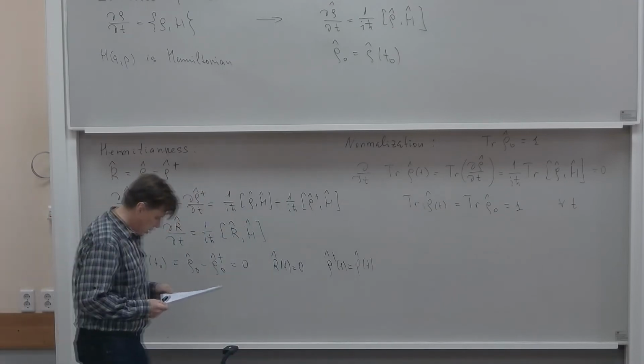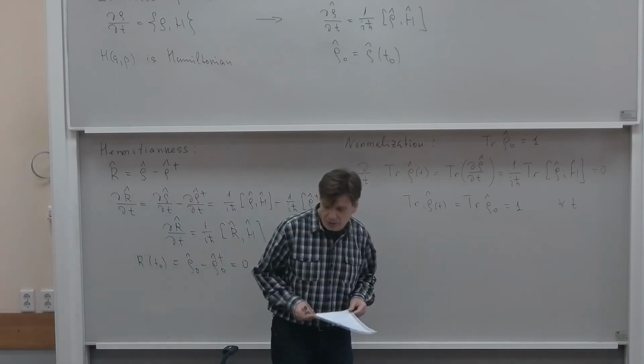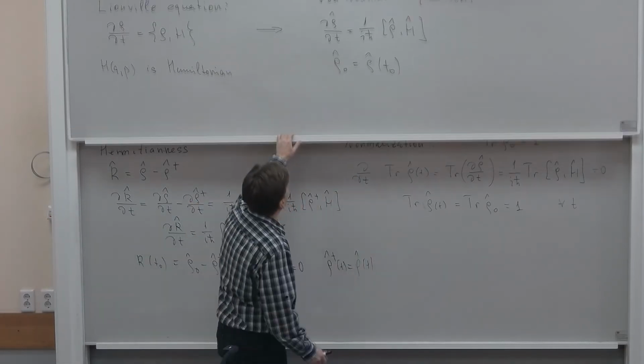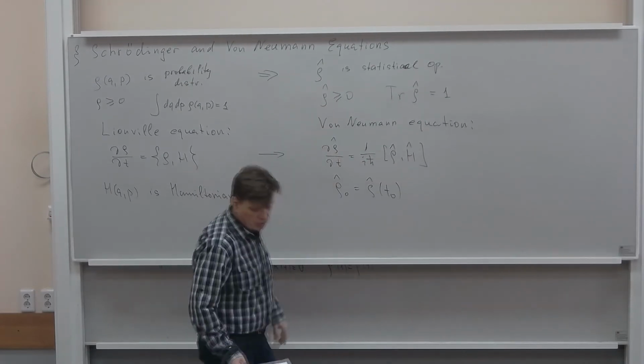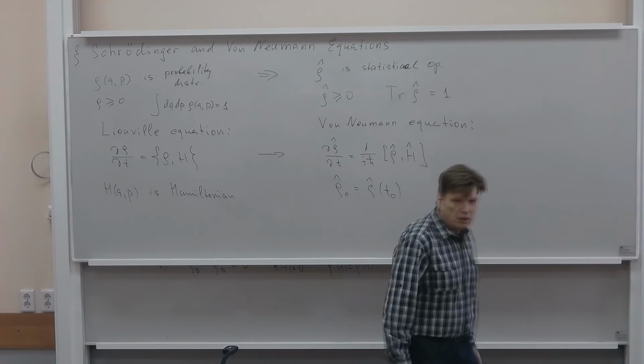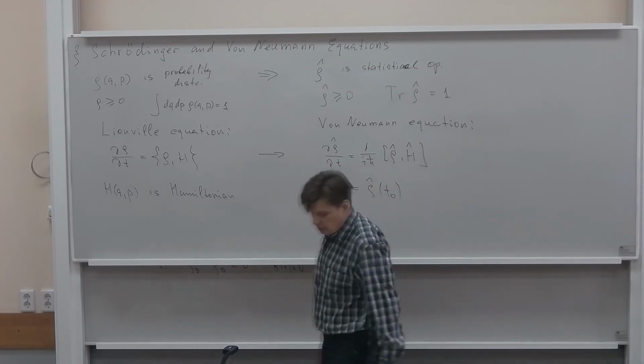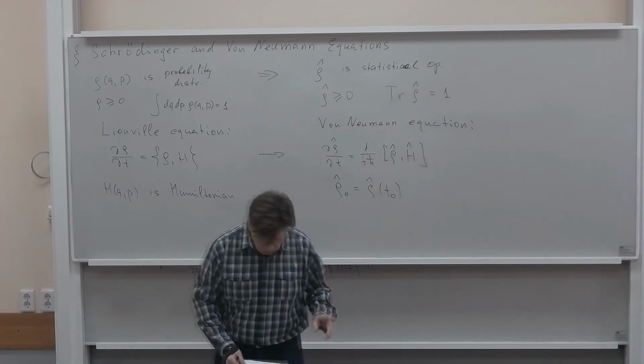Okay, the verification of positive semi-definiteness of the statistical operator is a bit more tricky, and I will postpone it to the very end of this section. We will return to this question later.